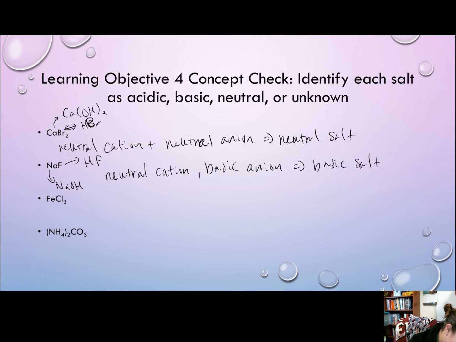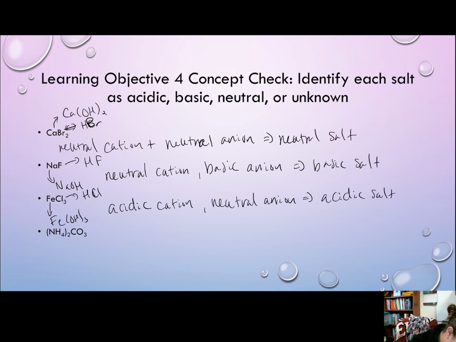Okay, next. Fe comes from iron hydroxide. Cl comes from HCl. Iron hydroxide is a weak base. HCl is a strong acid, so we have an acidic cation, neutral anion. So we have an acidic salt.